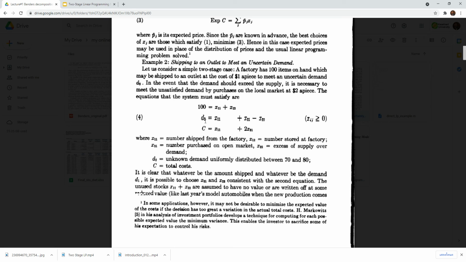I'm going to switch the word out: alternative or scenario. For each scenario of D sub 2, which is 21 possible scenarios, you will get different values of x sub 2 1 and x sub 2 2, depending on what D sub 2 turns out to be.